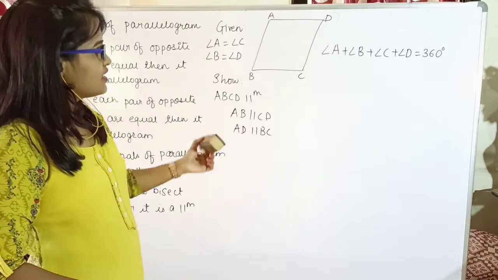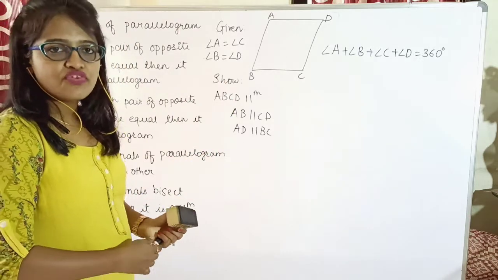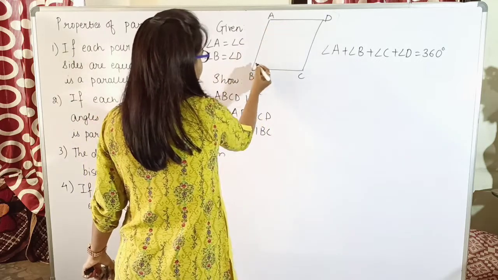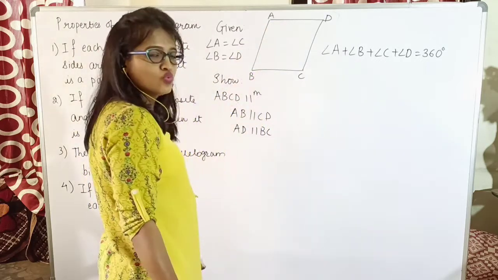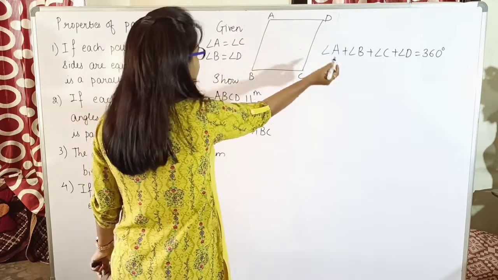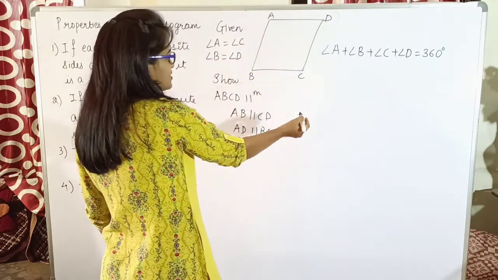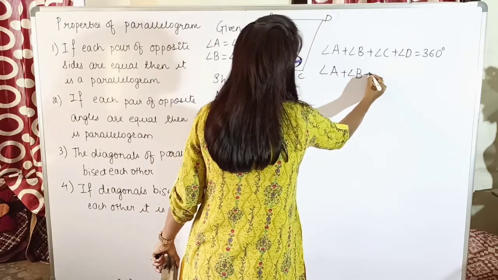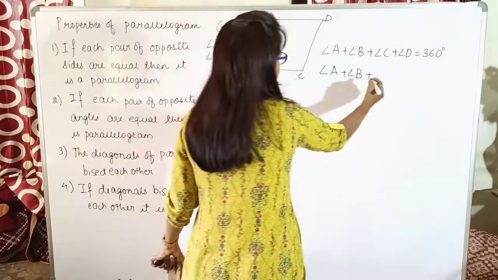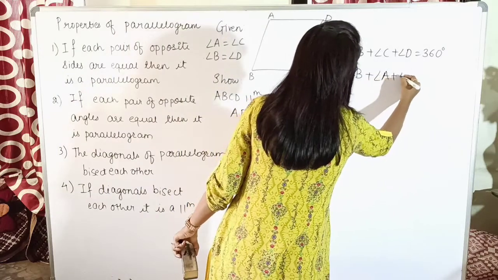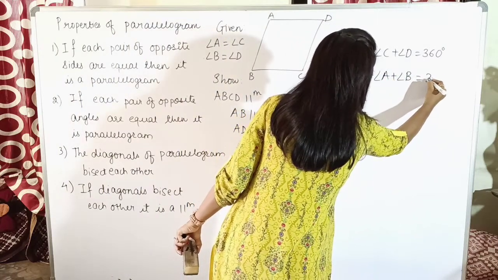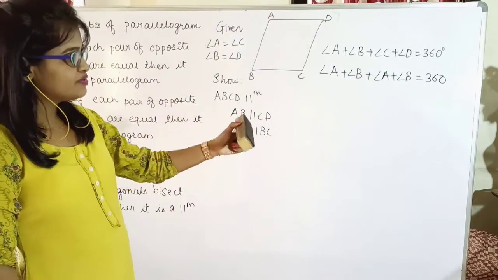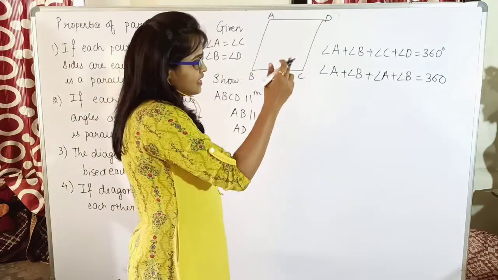Okay, so for that I have taken the sum of the four angles, which is equal to 360. I wanted to show A plus B equal to 180. So wherever there are other angles other than A and B, let us replace them. Angle A and angle B I wanted, so I will not replace them. But C could be replaced with A, whereas D could be replaced with B, which gives me 360. Now angle A plus angle A means twice angle A, angle B plus angle B is also twice angle B, and that is 360.